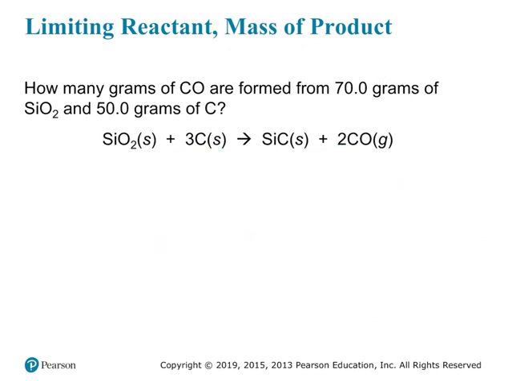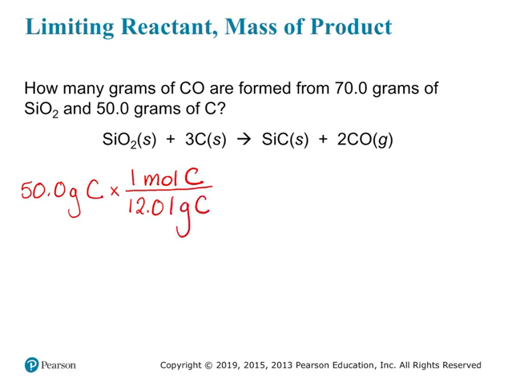So for this flow chart, we're starting with 50 grams of carbon. And we're just going to do the same thing we did before, but we're going to use the molar mass of carbon and then the molar ratio between carbon and the product. Okay, so starting with the molar mass, 1 mole of carbon is equal to 12.01 grams of carbon. And then in the second conversion factor, we need the mole ratio.